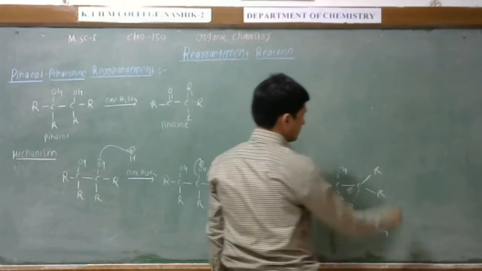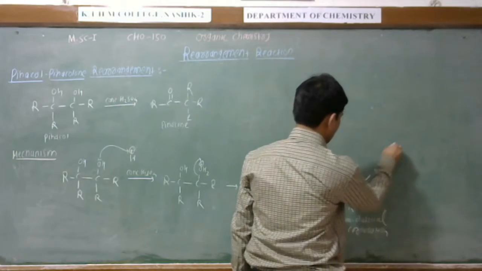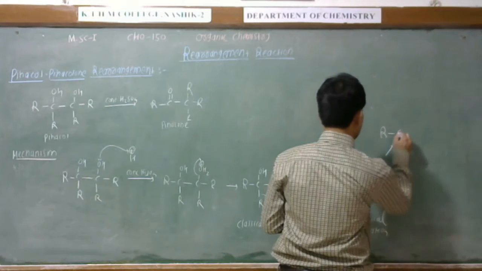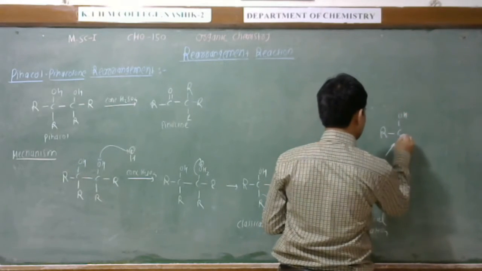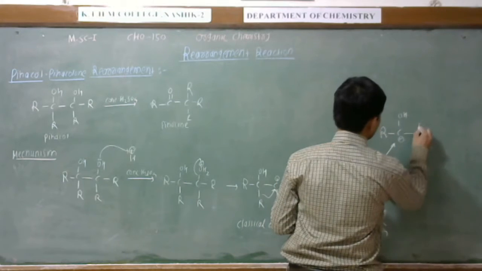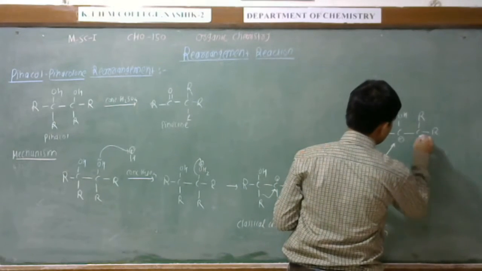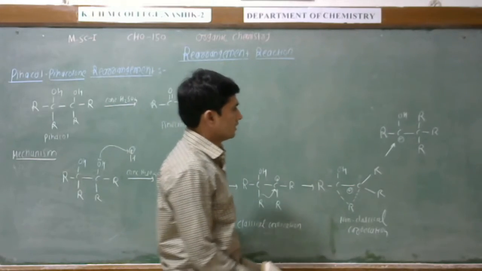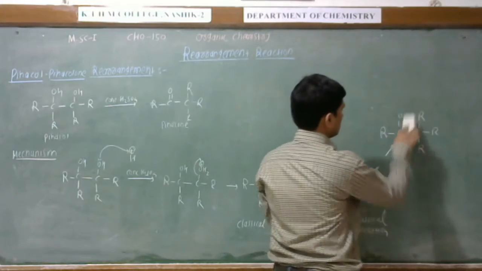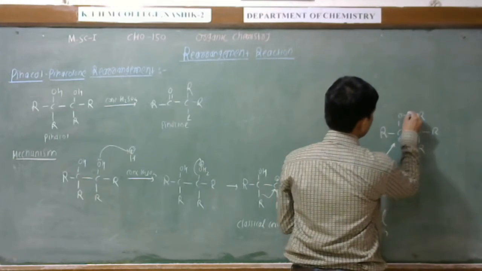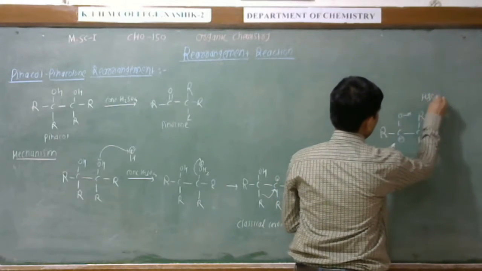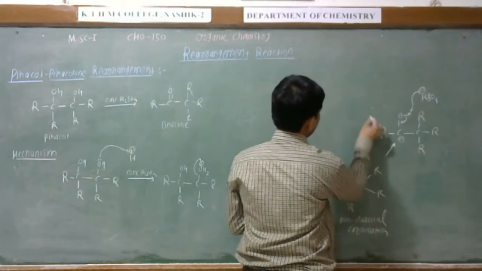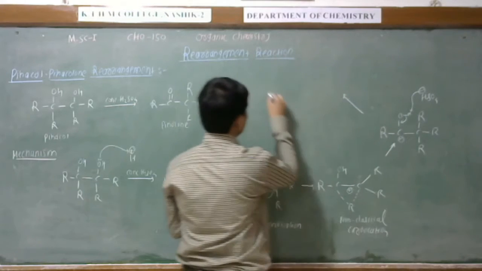Now this non-classical carbocation will again be converted into classical carbocation. See, this is the OH here. This is carbocation, this is carbon, this is R here, this is R group, and this is the R group. See, the conjugate base, that is HSO4 minus, will now take this hydrogen, this bond will shift, and finally we got here the pinacolone.